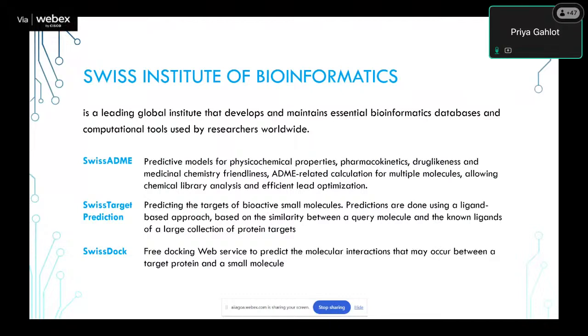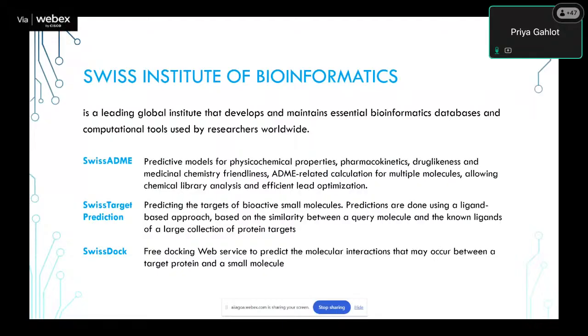These are freely available tools. SwissADME will give you the ADMET properties; you can do pharmacokinetic studies, predict your models, or perform ADMET studies using SwissADME.